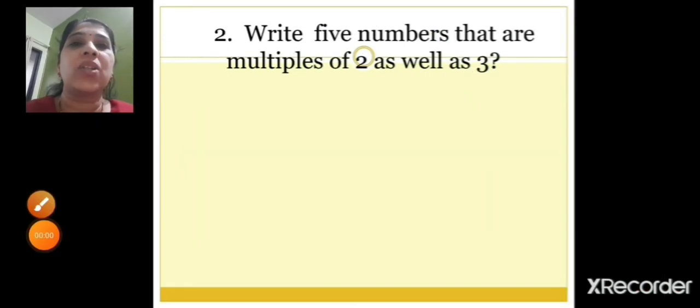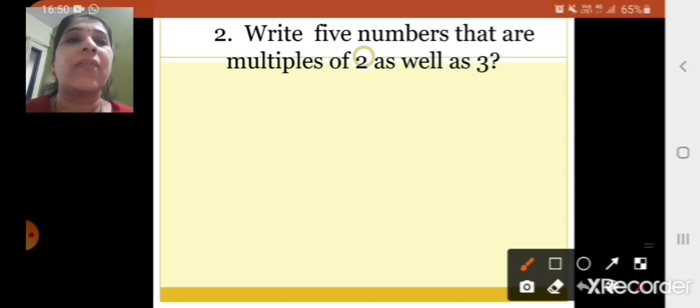So our second question is, write 5 numbers that are multiples of 2 as well as 3. So what we are going to do, children, first we'll write the table of 2 and then we will write the table of 3. So we are going to find out which are the common numbers in the table of 2 and table of 3. Like this we have to write 5 numbers.